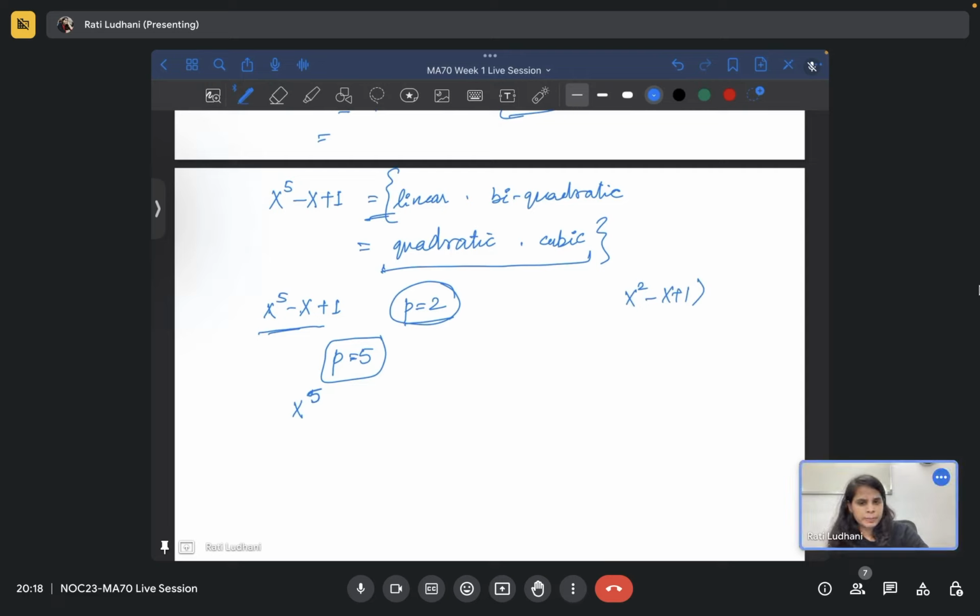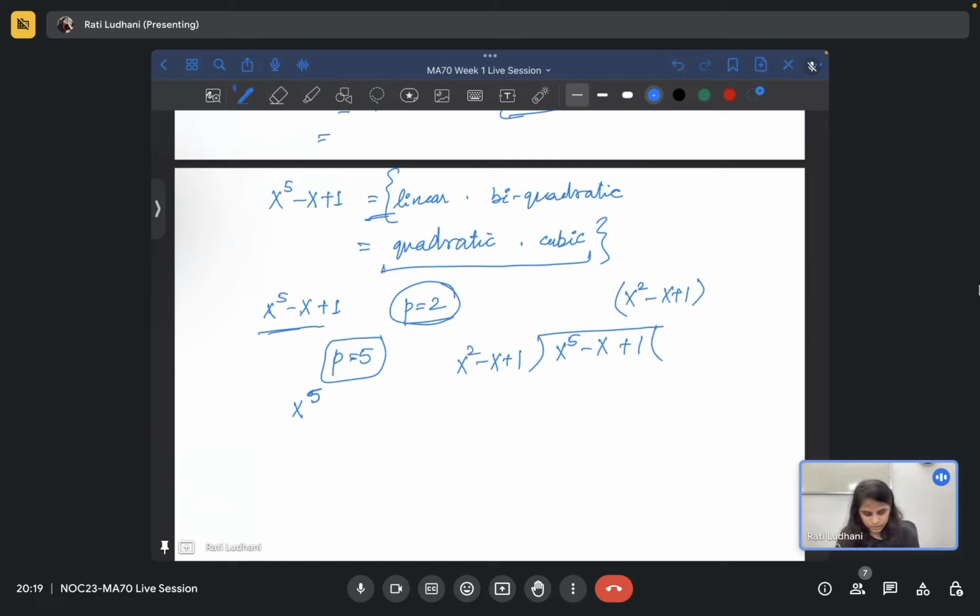Yes, ma'am. Actually this has factors, so you divide by this, plus or minus 1. That would be done. So you can check that this has factors directly.